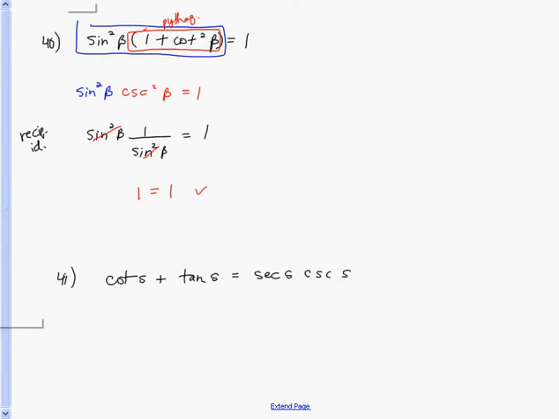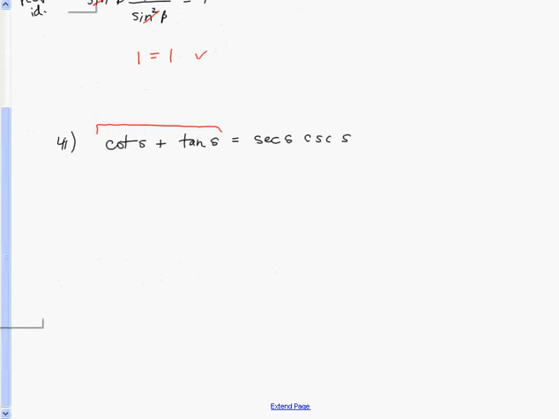Both of these sides seem pretty simple, but it's easier for me to go from addition to multiplication than it is for me to go from multiplication to addition. So for that reason, once again, I'm going to start on the left-hand side, which is going to be a little bit more of a complicated side for this problem.